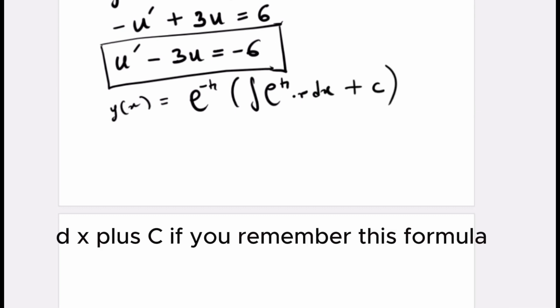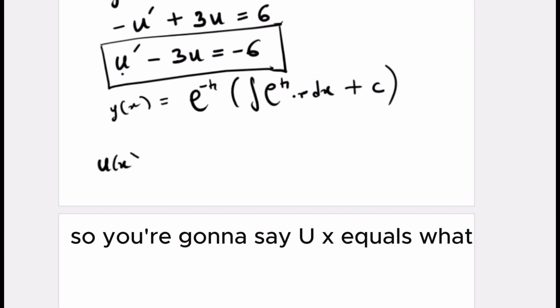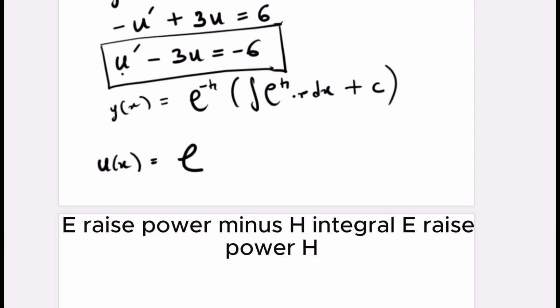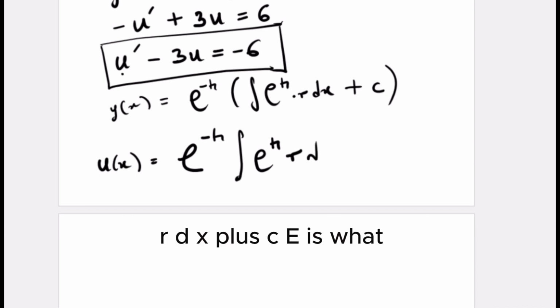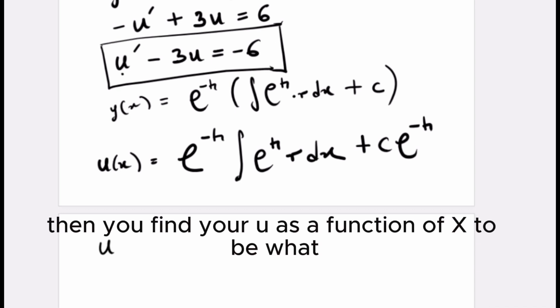But this time around, we are dealing with u, not y. So you're going to say u(x) equals what? E raised to power minus h, integral e raised to power h r dx plus c e raised to power minus h. Then you find your u as a function of x.